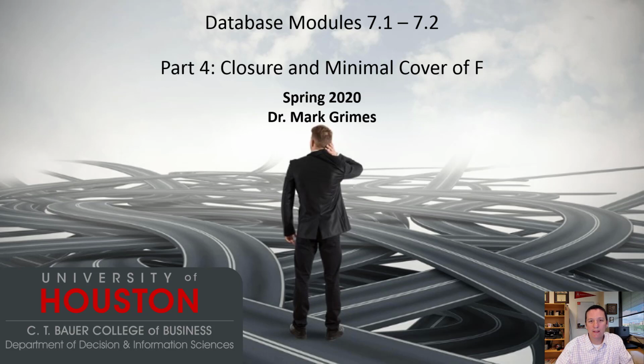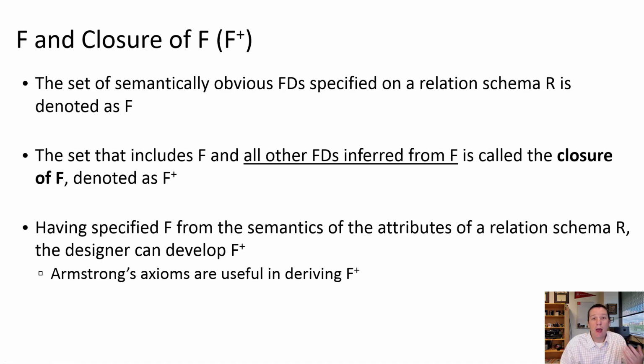I hope the virtual in-class exercise went really well, and I'm glad you're here for part 4 of modules 7.1 and 7.2, where we are going to be talking about the closure and minimal cover of F. Now, as we mentioned in a previous video, our set of semantically obvious functional dependencies is a set we call F. And the closure of F, or F closure, includes all of these semantically obvious functional dependencies, as well as all other functional dependencies we can infer based on them.